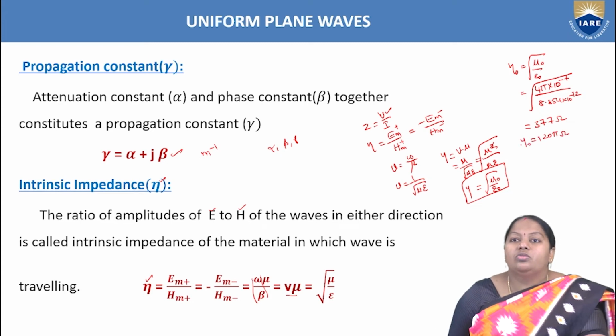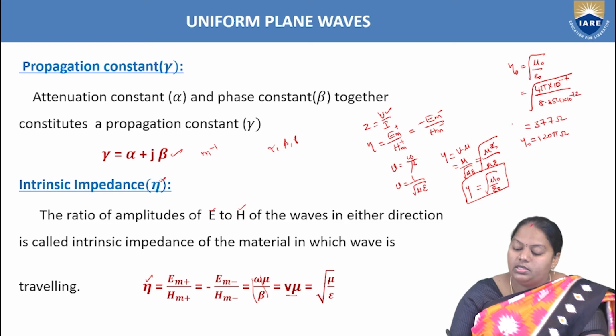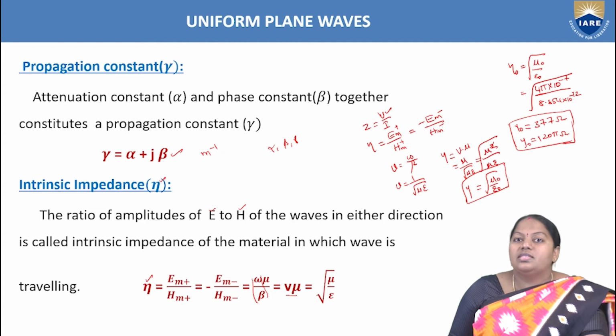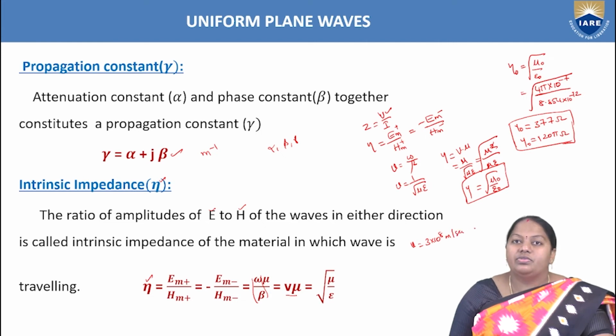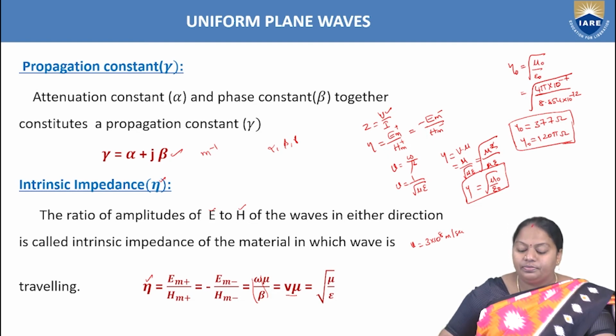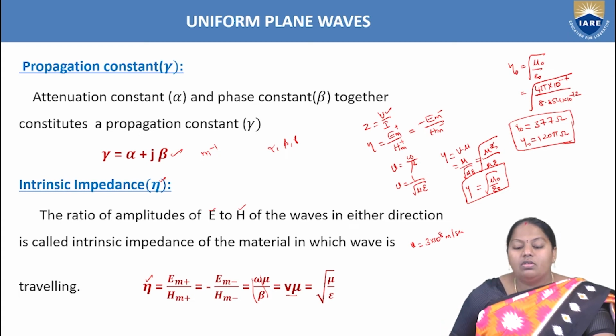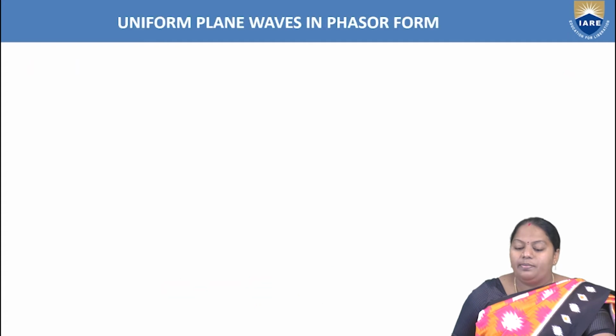Impedance is measured in ohms. So for a free space medium, velocity is V equal to 3 into 10 power 8 meters per second, and the intrinsic impedance eta naught is 120 pi ohms or 377 ohms. This is how the terms are defined for a wave propagating in free space.